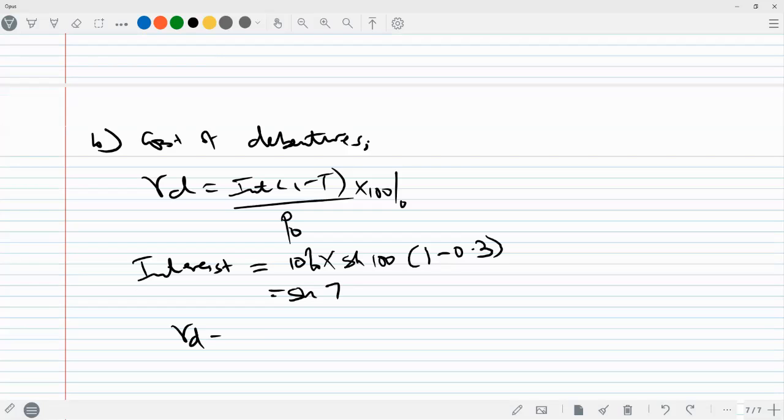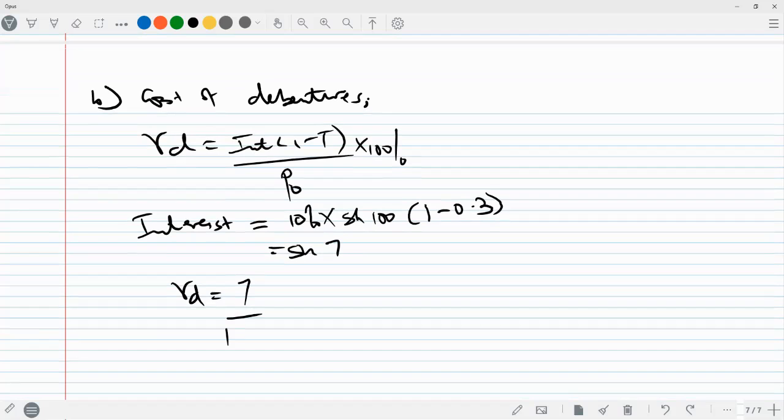The cost of the debenture is therefore the interest after tax, 7, divided by the market value, 120, expressed as a percent, which gives 5.83%.